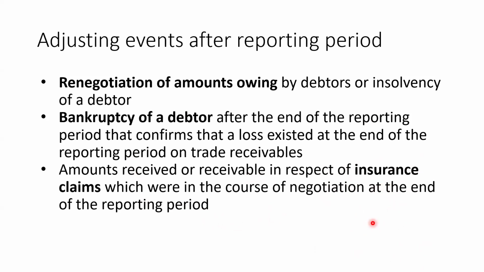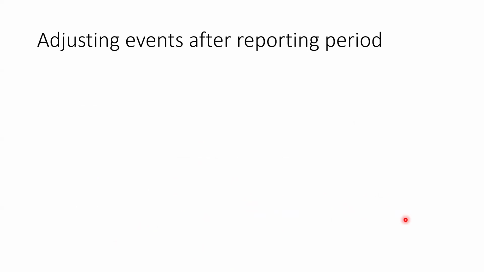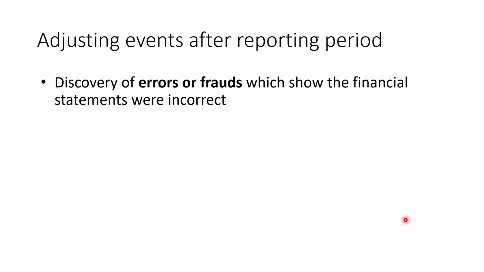So far as the events happened in the reporting period and the negotiation started way before the end of the reporting period, then receiving the claim after the reporting period means there is evidence that it actually existed as at the date of the financial statements. So these examples are coming directly from the standard.